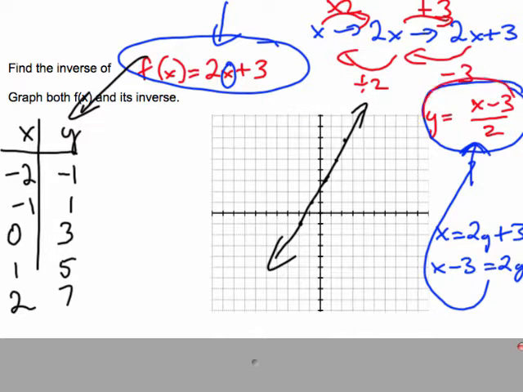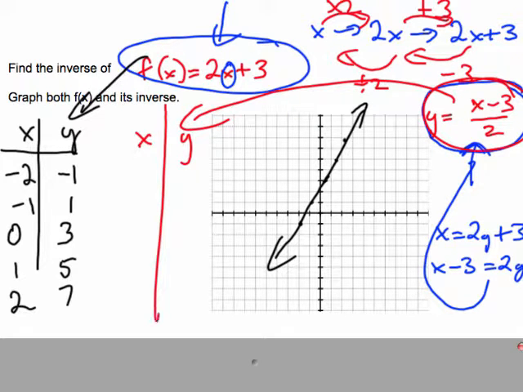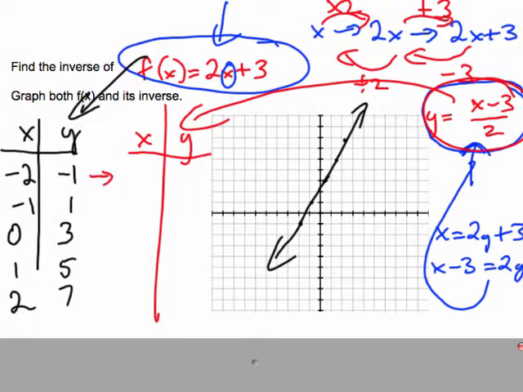If I graph my inverse, which is here, I'll put my table beside it. Of course, my points should be reversed, so -1, -2. Now let's just make sure of that. So if I plug -1 into my inverse, -1 minus 3 is -4, divided by 2 is -2. Yes, that's working. So the points are reversed.